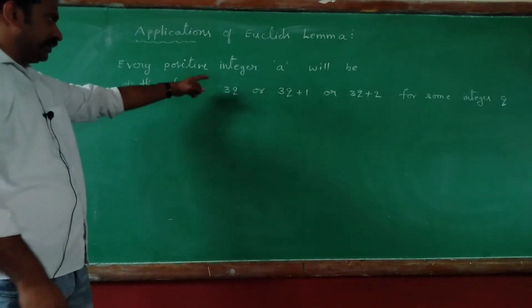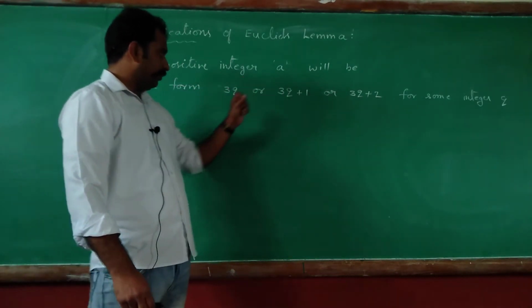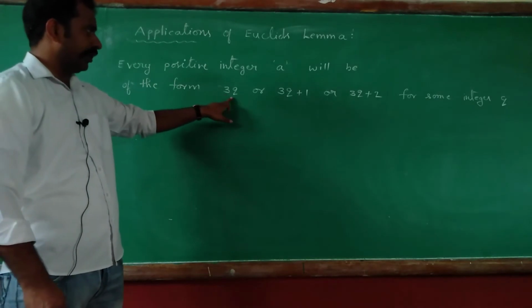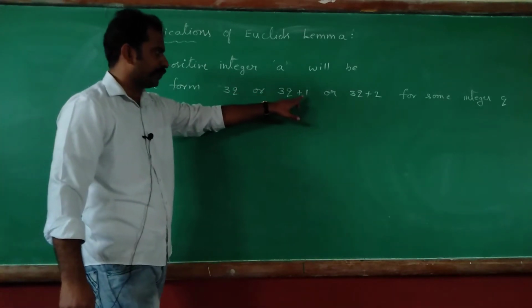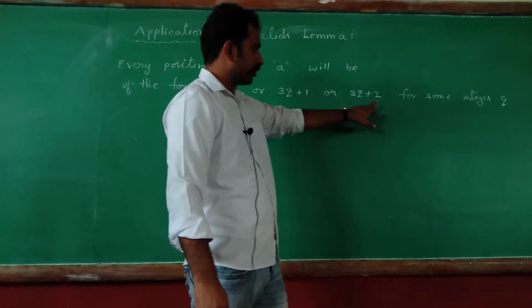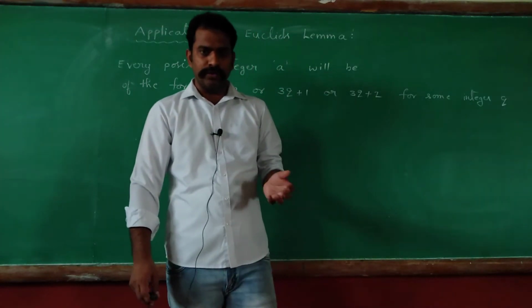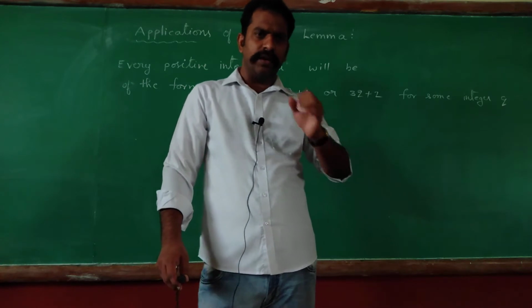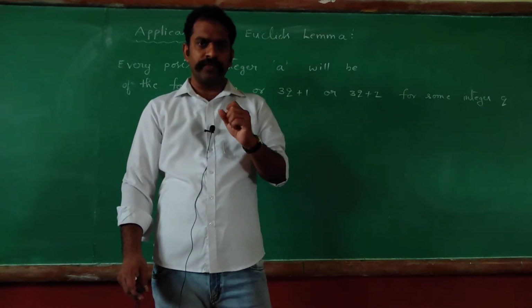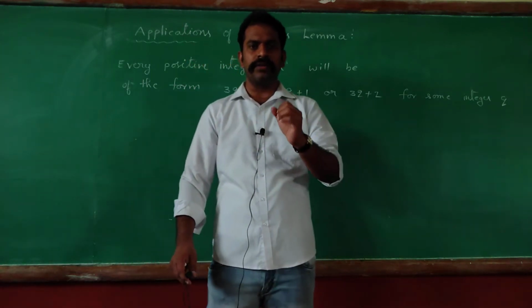Every positive integer a will be of the form 3q or 3q plus 1 or 3q plus 2 for some integer q. Whatever positive integer a you take, that will be of the form either 3q, or 3q plus 1, or 3q plus 2.